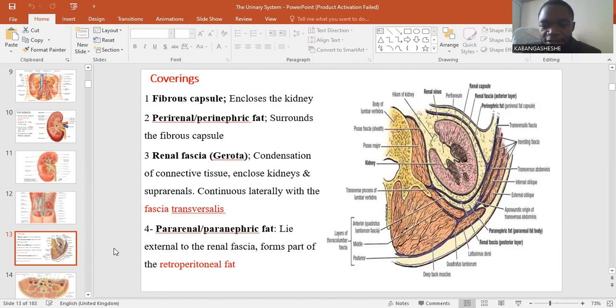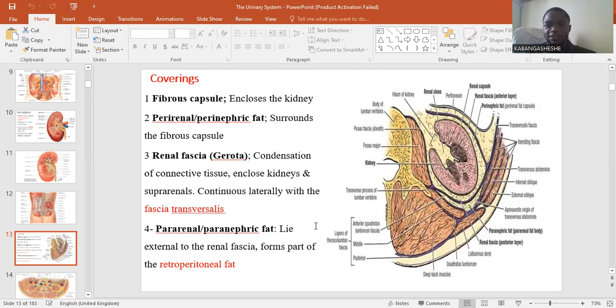So these layers are essential, and as students, we are required to know them. The renal capsule, the perirenal fat, which is brown fat, Gerota's fascia, or the renal fascia. Then we have the pararenal fat. Okay.